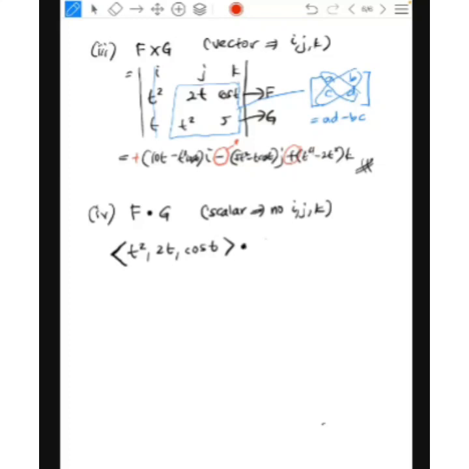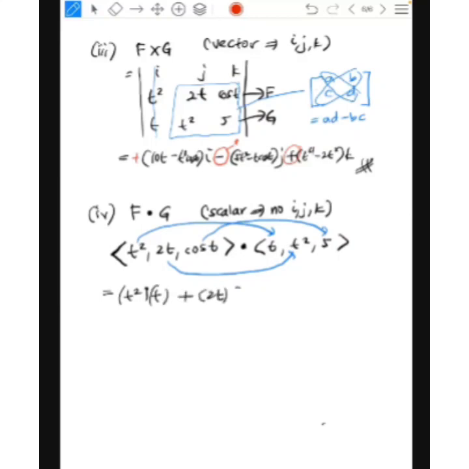Okay, and then G is T squared and 5. Okay, so the dot product, this one multiply with this one, and then the y with y, the z with z, and then you plus everything. So it means T squared multiply with T plus the 2T multiply with T squared plus the cos T multiply with 5.